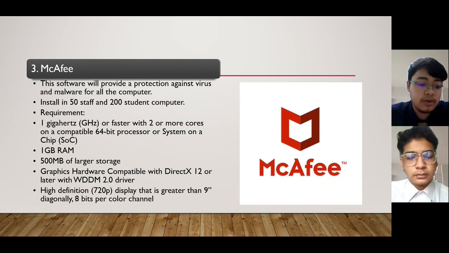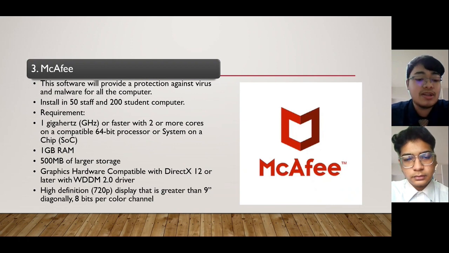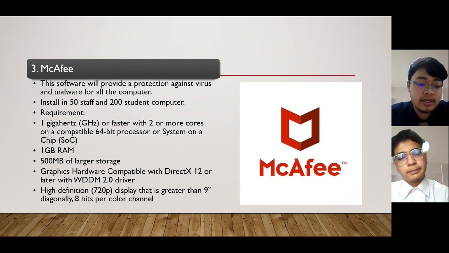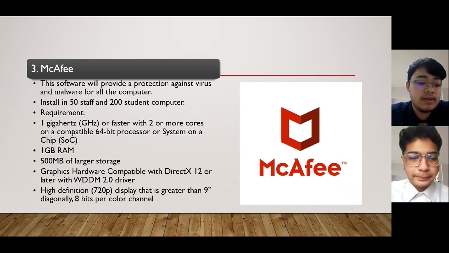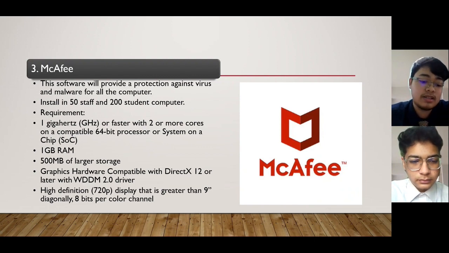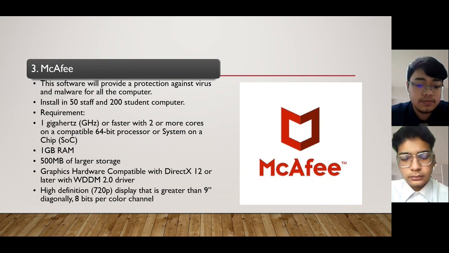The requirement is only 1 GHz or faster with 2 or more cores on a compatible 64-bit processor or system on a chip. And also the computer must have at least 1 GB RAM and 500 MB of larger storage. For the graphic hardware and high definition, it is the same as above.